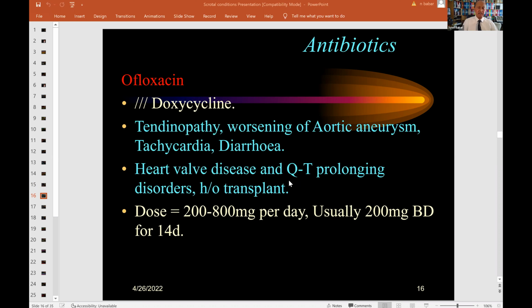Ofloxacin is similar to doxycycline in being a quinolone, but it has significant side effects in relation to myopathy. It can produce tachycardia, prolongation of QT interval, and the dose of ofloxacin is 200 to 800 milligrams per day. The usual dose is 200 milligrams BD for 14 days.